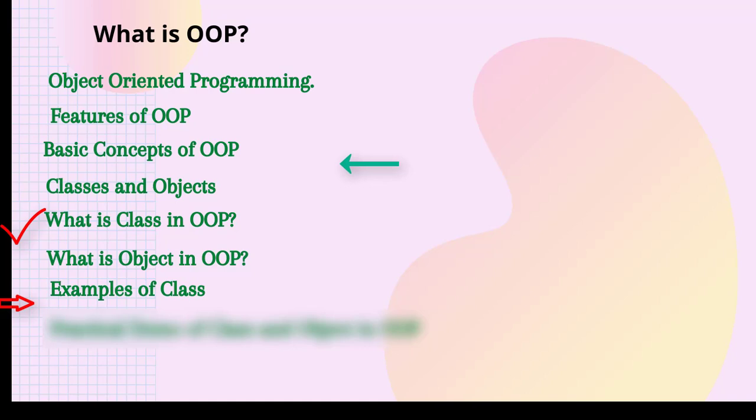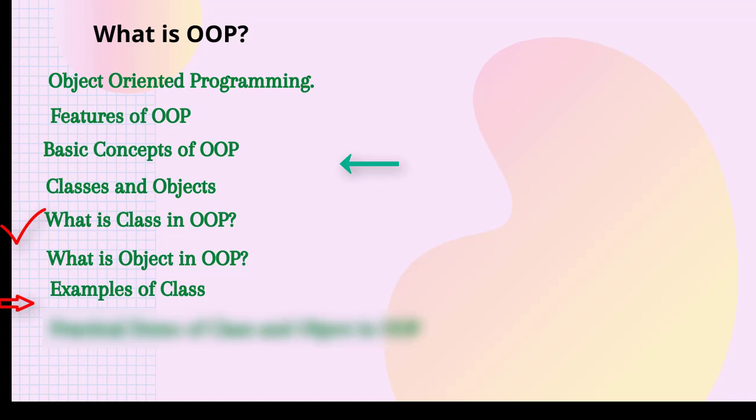Meaning, what are the functions that a person performs? A human being or a person can speak, he can feel, he can run, he can look. So these are the methods or functions of a human being or person. So this is a class. It contains attributes and methods.